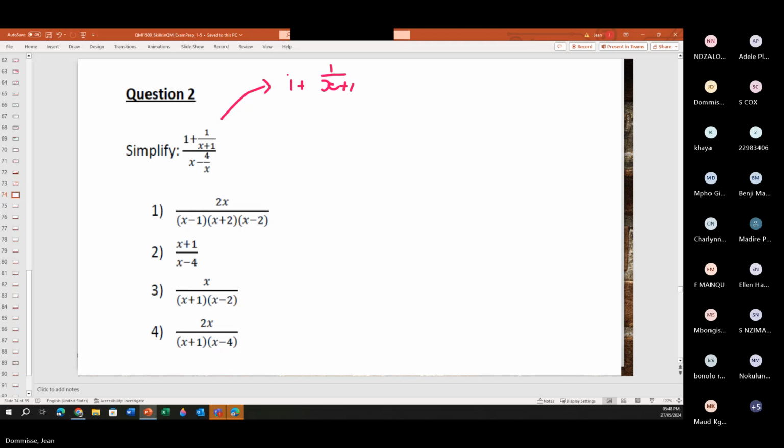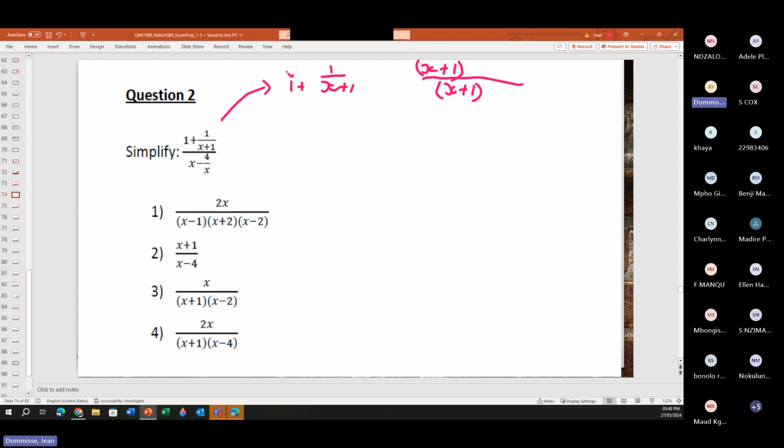Okay, so if we sit with 1, the easiest to say then is x plus 1 over x plus 1. That is 1. So x plus 1 over x plus 1 is 1. And then we have the x plus 1, so we can just say plus 1.